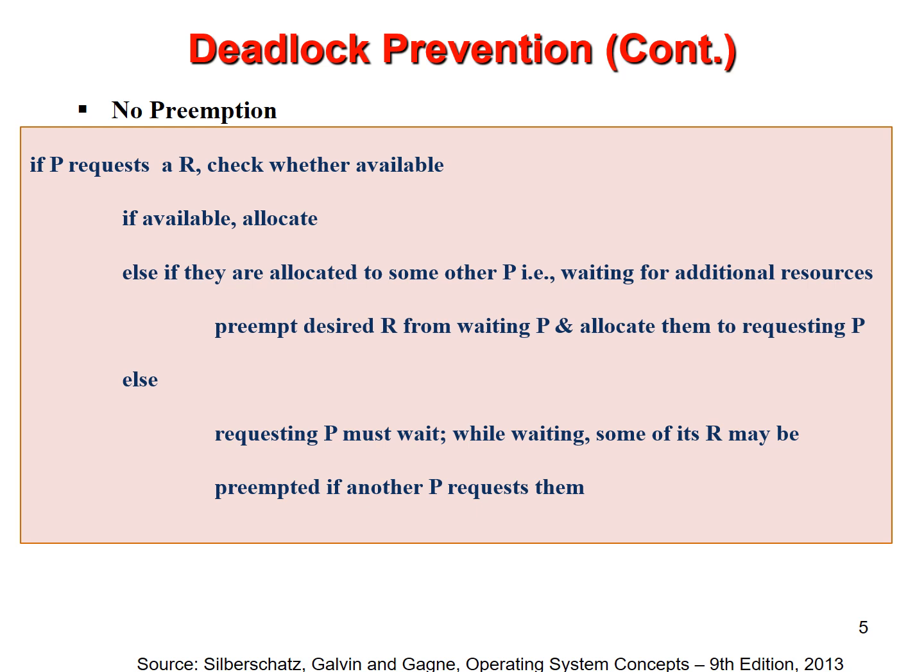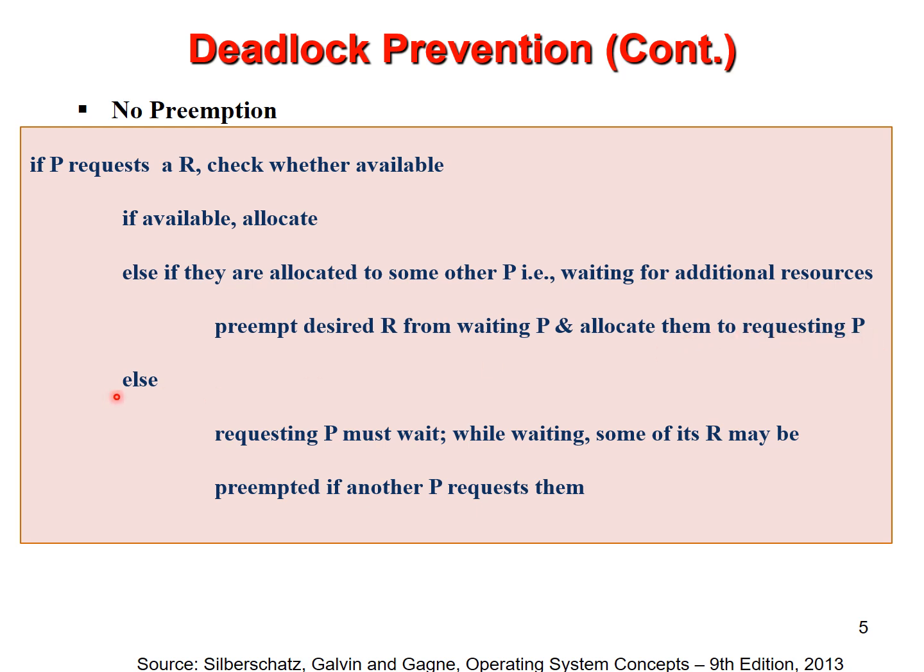How can we prevent the deadlock for this condition? Here, if a process is requesting a resource, we need to check whether it is available. If it is available, we can allocate it to the process. In case they are allocated to some other process that is waiting for additional resources, we can preempt the desired resource from the waiting process and allocate them to the requesting process.